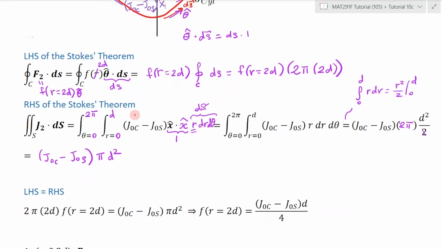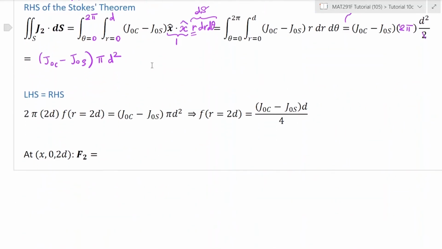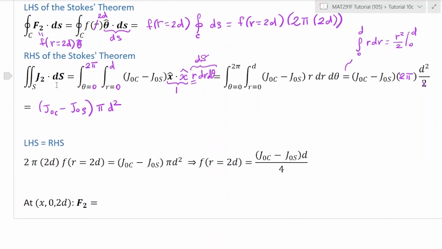Next part is equating the left-hand side and right-hand side and solving for the field at the point where we want. The left-hand side is this. You see F at r equals 2d, I wrote here, and then we have 2 pi times 2d here, equals this whole expression I just copied, and then I canceled this d.